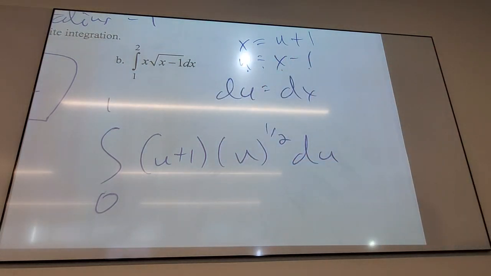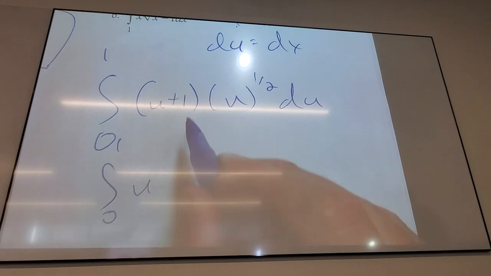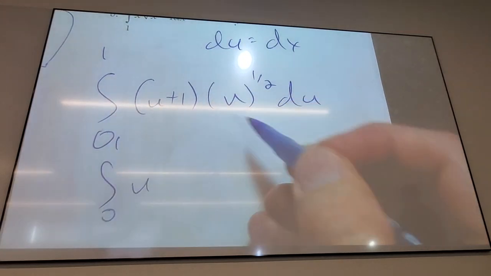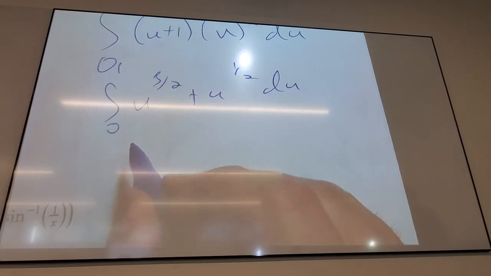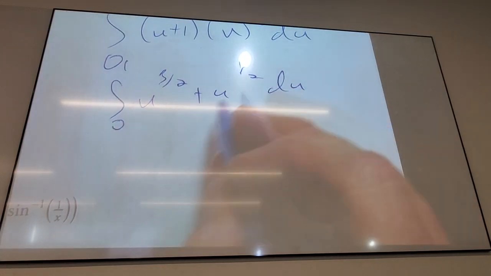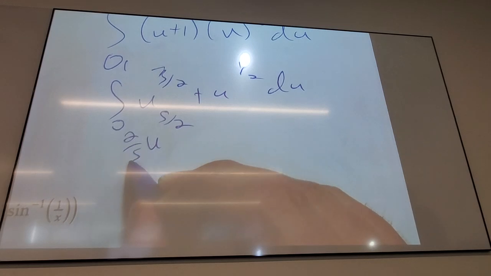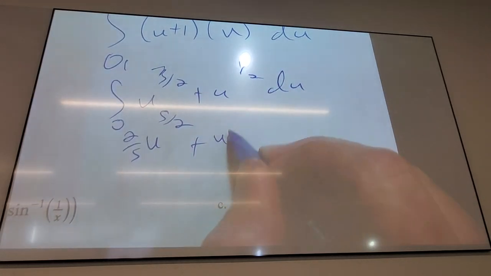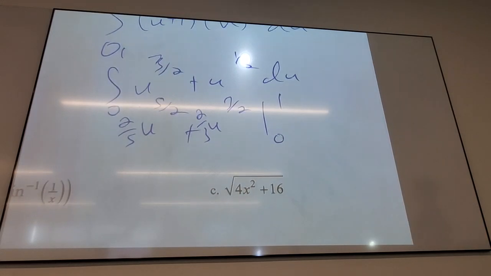Okay. So if I distribute, I'm going to get u to the 3/2 plus u to the 1/2. I want to integrate. 3 plus 2 is 5, so I get u to the 5/2, and then I put the reciprocal. 1 plus 2 is 3, and then I put the reciprocal, from 0 to 1.